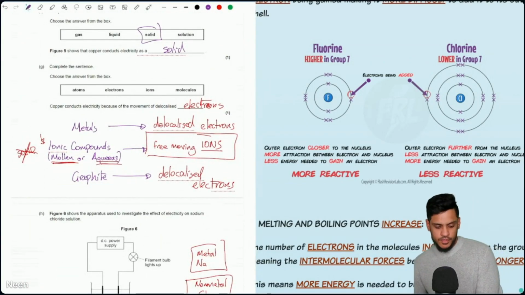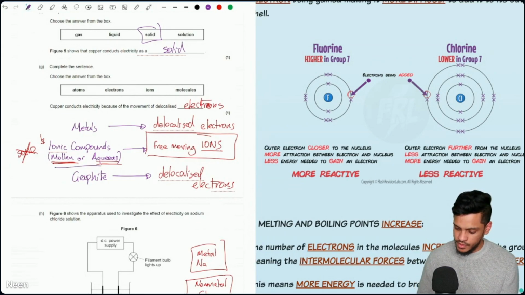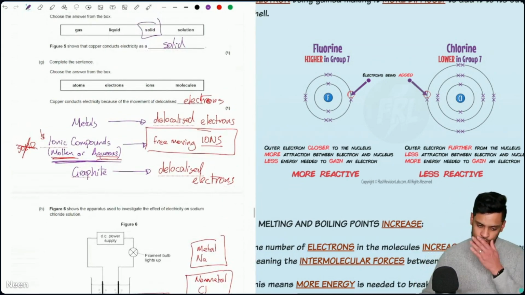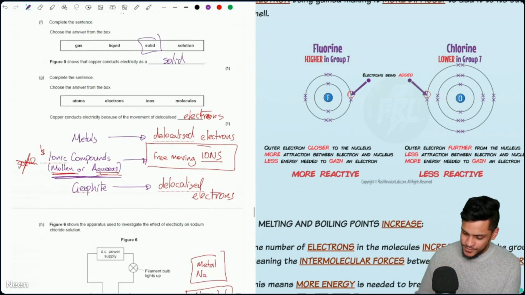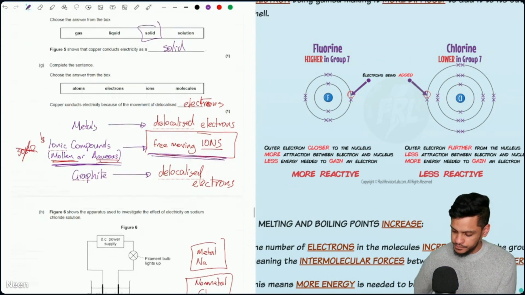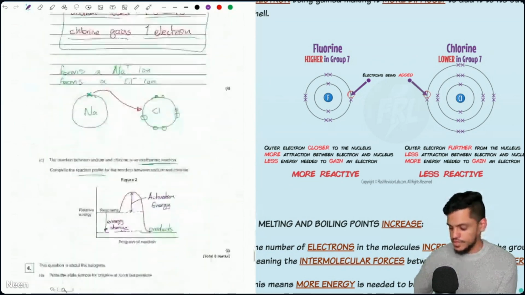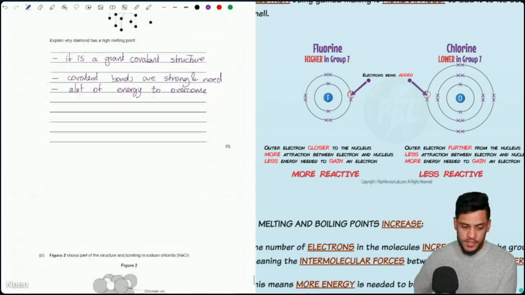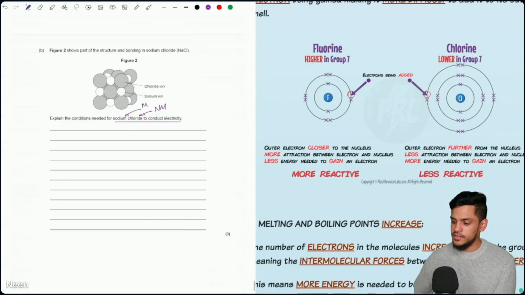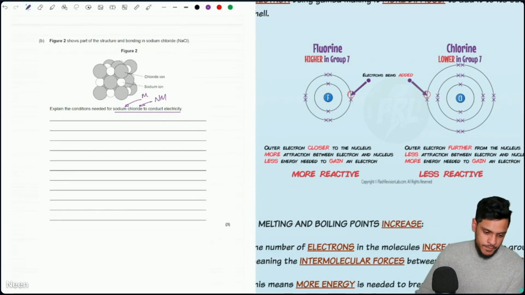Yes. Molten or aqueous. Remember, we got it here. Has to be molten or aqueous. Not electrons are delocalized. Remember, for ionic, don't say electrons, say ions. So the ions are free to move. So a very common mistake. If you say electrons are delocalized, that's only for metals and for graphite.